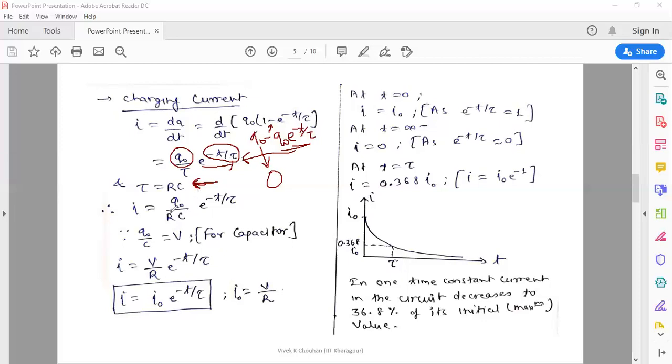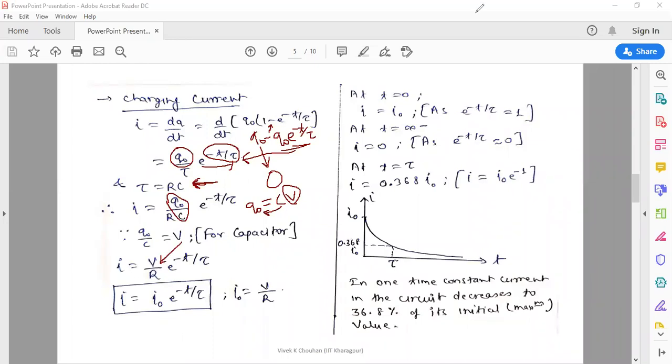So just putting the values, q naught by C is actually V, right? Because we were saying that q naught is the maximum charge that the capacitor can have, and its value was coming out to be q naught is equals to C into V. So we will have q naught by C. If we take this C on the LHS, we will have q naught by C is equals to V. We just put that value over here.